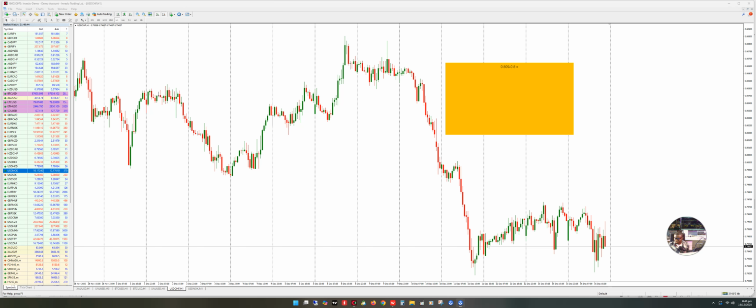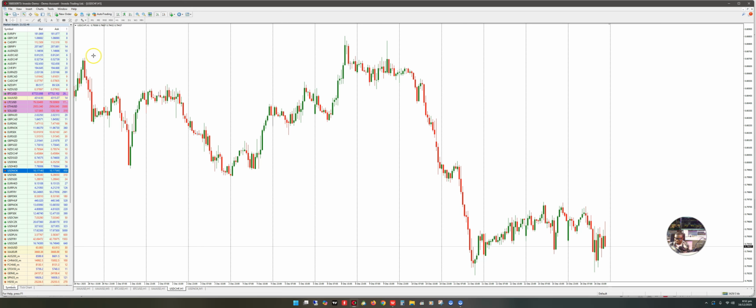But you can also use the crosshair for your pips, which is Control F. Just click Control F, or pick it from the chart, and you can measure from one point to another.